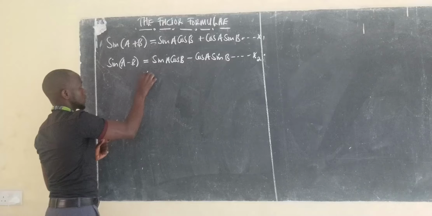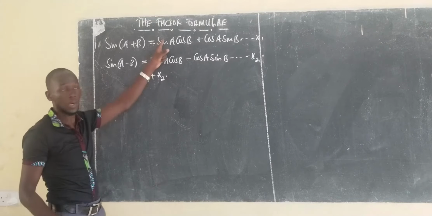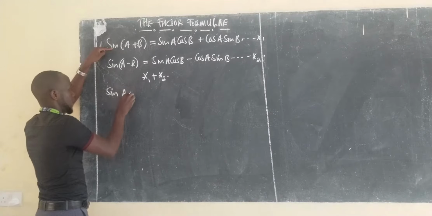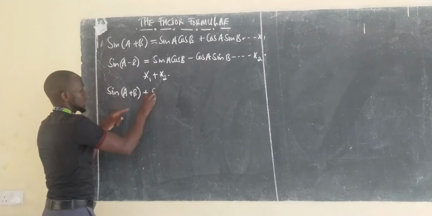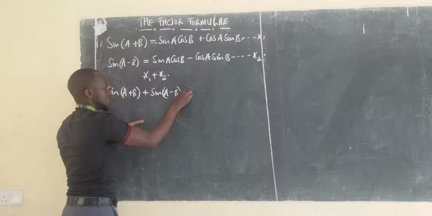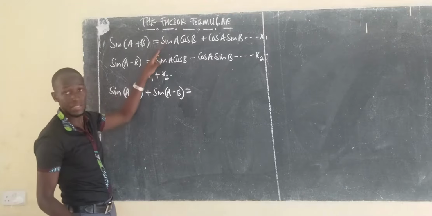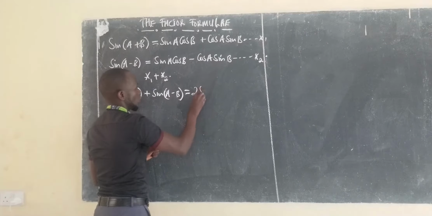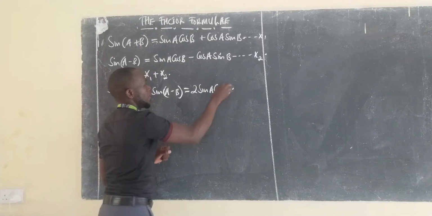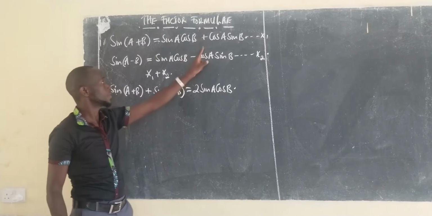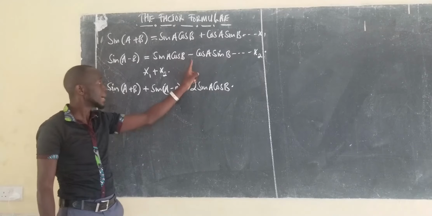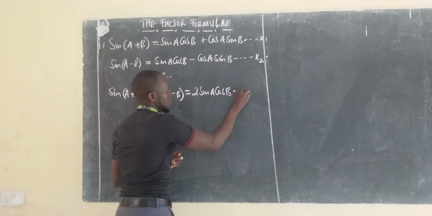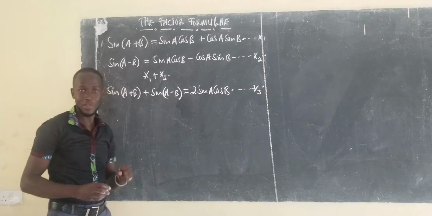When you get equation 1 plus equation 2, it will be sine of A plus B plus sine of A minus B. Since the sine A cos B terms are the same, we get twice sine A cos B. When you add cos A sine B plus negative cos A sine B, you end up getting 0. Call this equation 3.